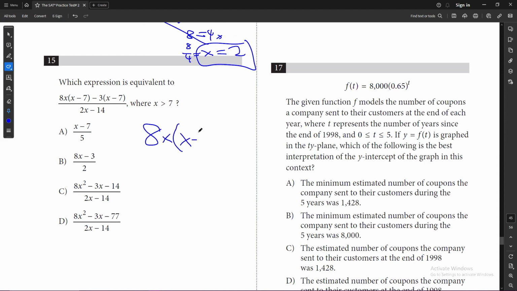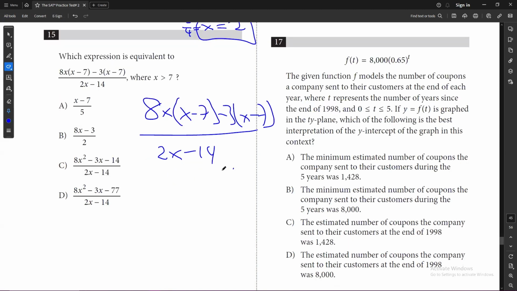8x times x minus 7, negative 3, x minus 7, divided by 2x minus 14. So in the bottom, I can pull out this 2 as a common factor and write this as 2 times x minus 7.